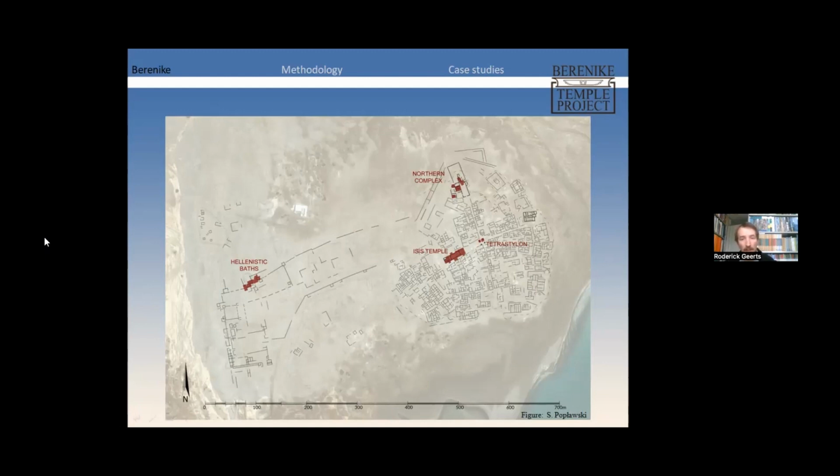Then it has collapsed, and in the late antique period, we see some activities in the temple. The exact extent of those activities is difficult to grasp, but lots of late antique material gets dumped and discarded in and around the temple. So that's the fine context of most of our material. In between those late antique rubbish dumps, there is early Roman material as well. So that will be highlighted later on.